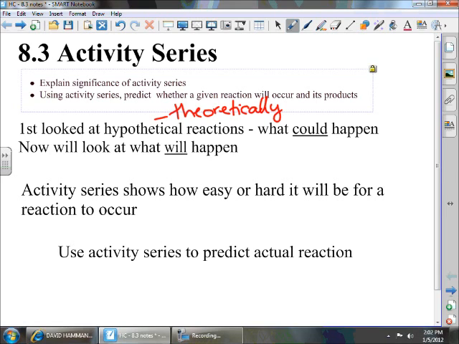In reality, only some reactions will happen. So that's what the activity series chart will give us: being able to identify which reactions will occur based upon their chemical activity. We'll be able to look at how easy or how difficult it will be for a reaction to occur, and ultimately be able to predict the outcome of an actual chemical reaction.